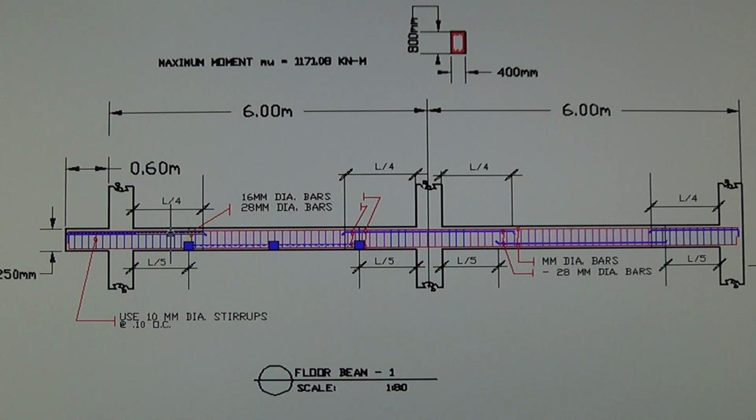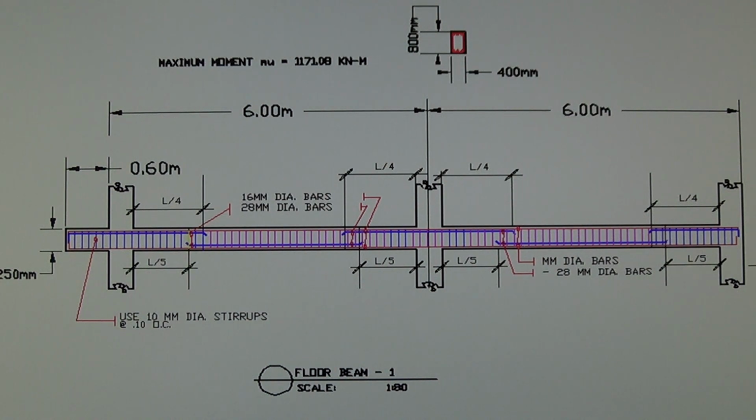Now let's go design these reinforcement bars right here, all of them. This is the top bars, this is the bottom bars, and they're all the same size. It's 28 millimeter diameter. We're going to use that. The strength of the concrete that I used here is 35 MPa, and the strength of the steel is 413.7 MPa.